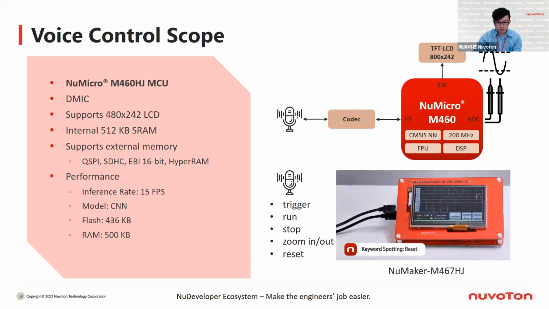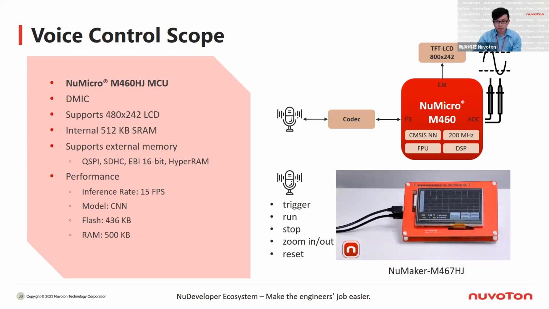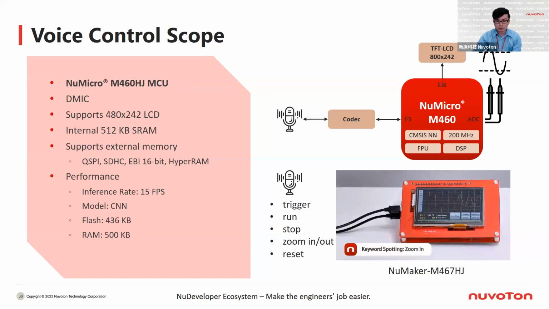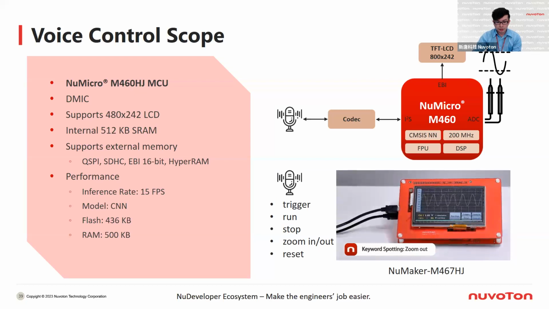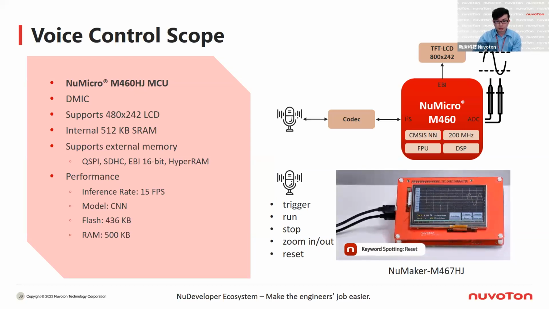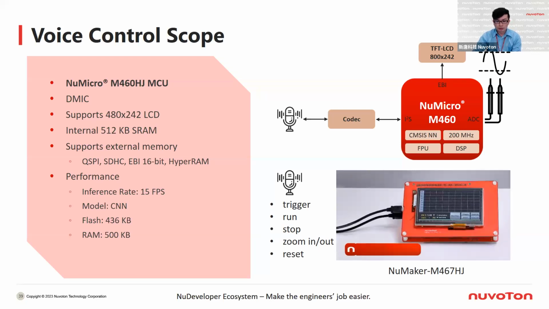This is achieved using an onboard digital microphone. The performance can reach up to 50 frames per second. The model used here is a CNN model, which uses 436 kilobytes of flash and only 500 kilobytes of RAM.